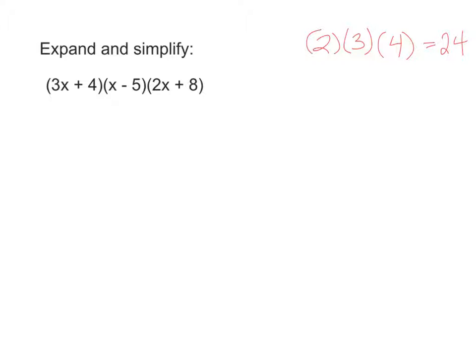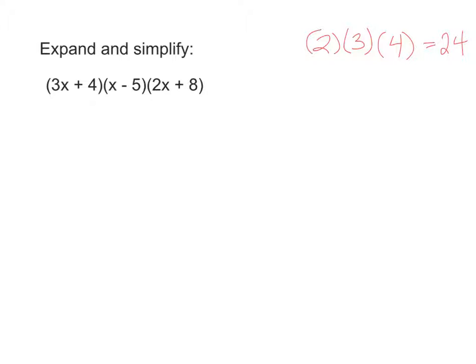The key is you need to multiply 2 of them first and get an answer, and then multiply that answer by the next one. And that's what we're going to do here with this algebraic expression as well. We're going to multiply 2 of them together, get an answer, and then multiply that answer by the third one. And it doesn't matter which one you do first. Like I said, you could do 2 times 3 is 6, and then multiply by 4.